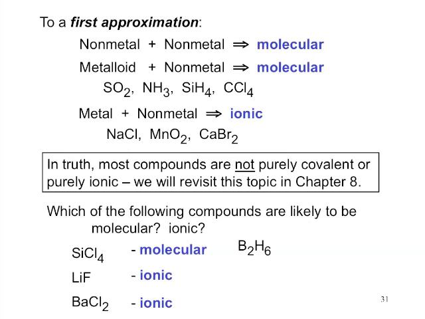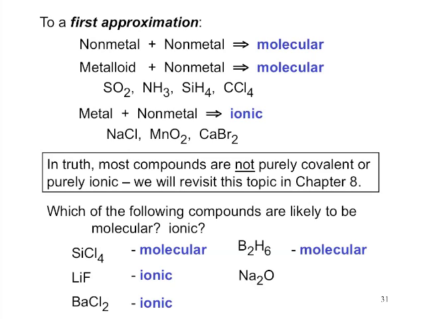What about this one? This compound name is diborane. Boron is a metalloid, and hydrogen is a nonmetal. We combine the two, you should predict that the compound is molecular. All right, so this one is sodium oxide.